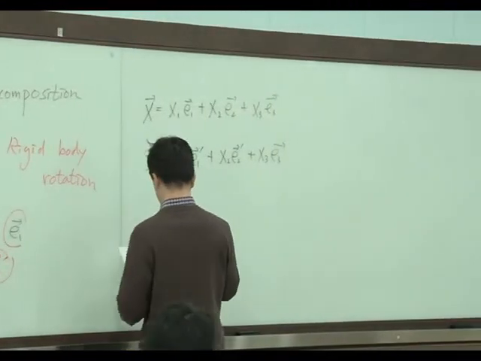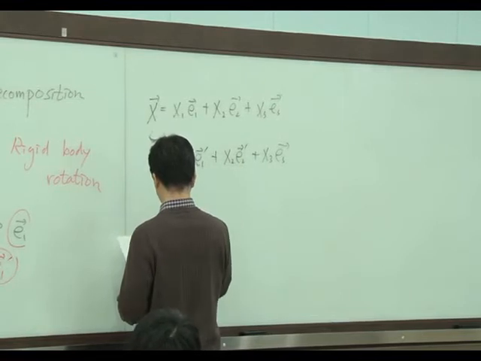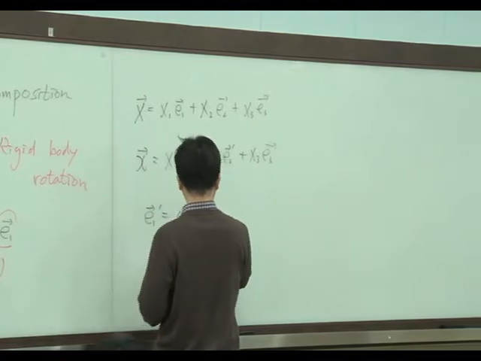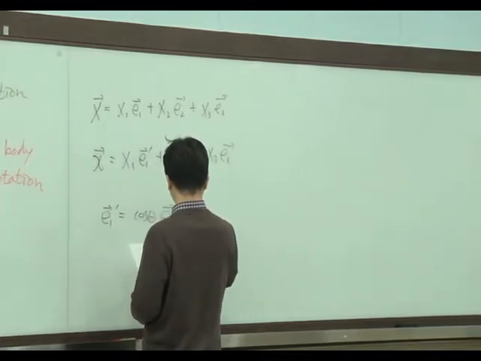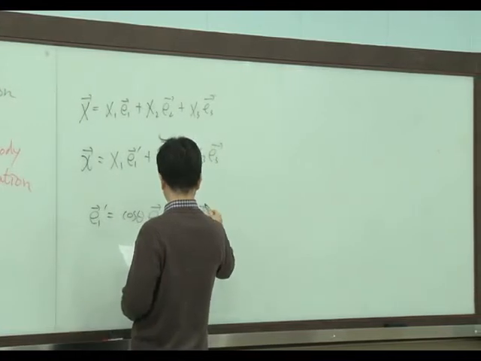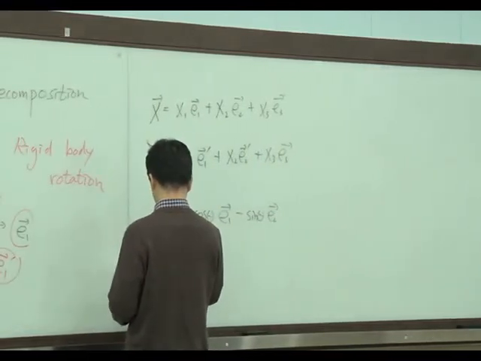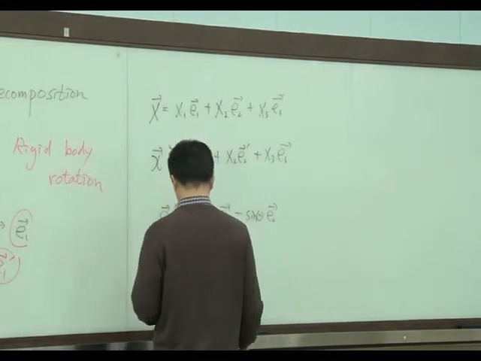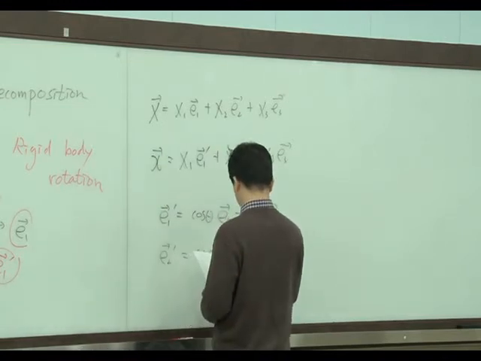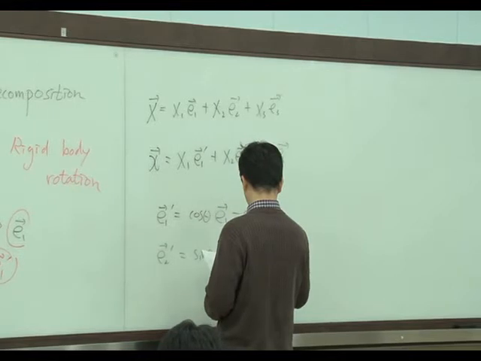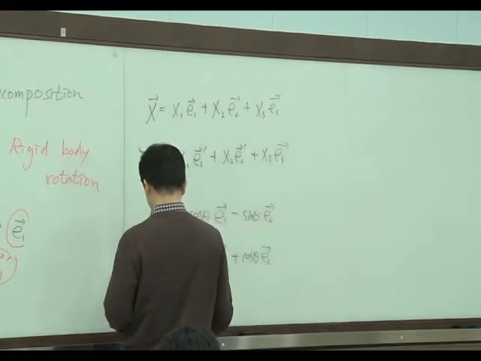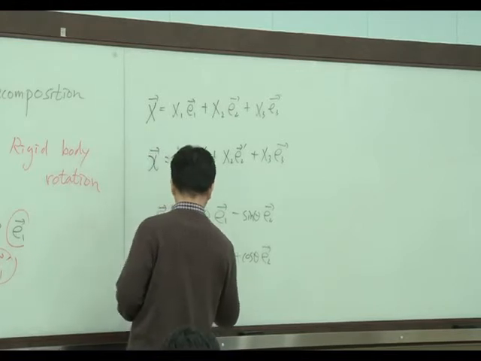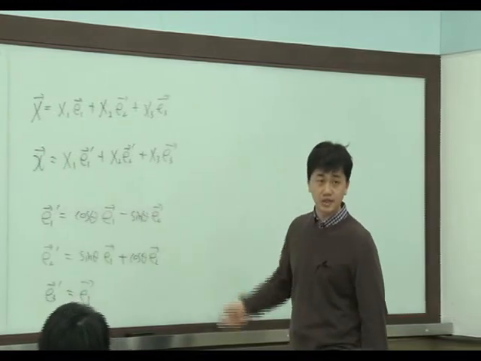And then here we know the relation between base vectors: E1 dash equal cosine zeta E1 minus sine zeta E2, E2 dash equal sine zeta E1 plus cosine zeta E2, and E3 dash equal E3. Do you know why we have this relation?